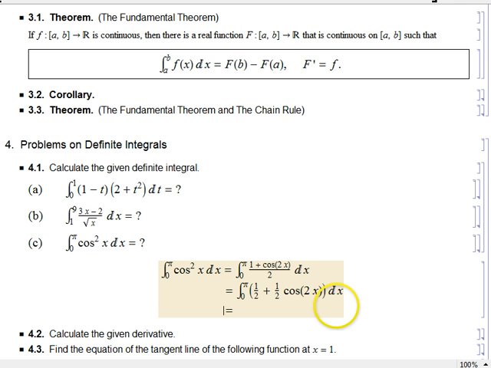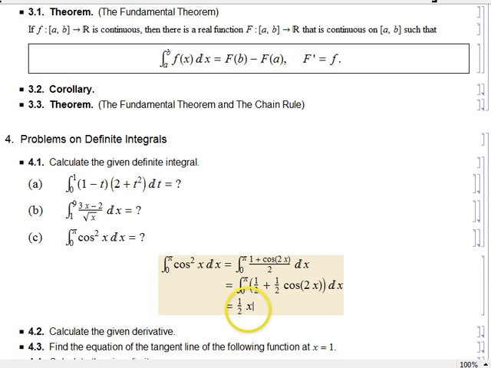And then let's apply the antiderivative rule. So the antiderivative of 1/2 is nothing more than 1/2 x. And then the antiderivative of cosine is sine, so we need something like that. And the inside stays the same, and then the coefficient is 2, so I have to divide by 2 again.